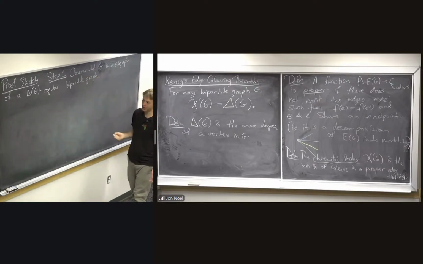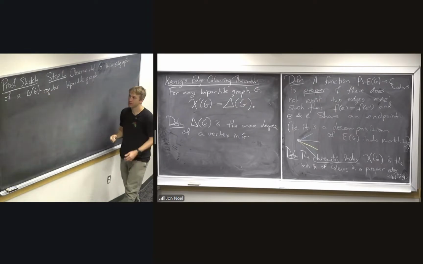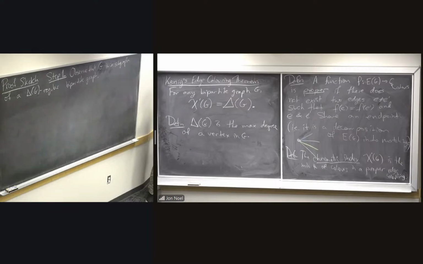So assuming G is bipartite, I can find a supergraph of G, a bigger graph, which is actually regular. Regular means every vertex has the same degree, right? I think a natural way to do this, although this isn't really going to work, is: let's say your maximum degree is 3, and I've got this vertex of degree 2. You might think, okay, let's find another vertex of small degree, like degree 2, and add edges. Doesn't actually work really.